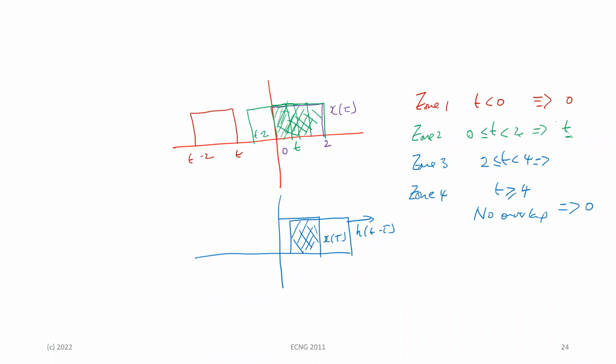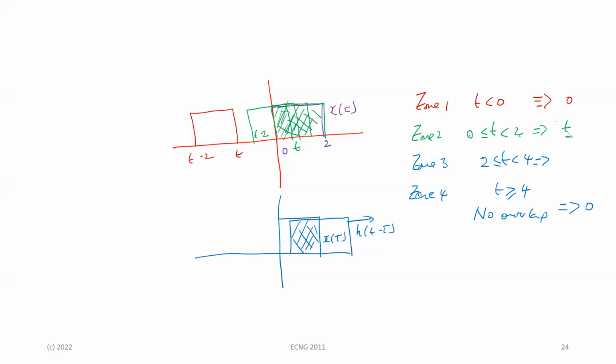So the convolution increases up to some maximum value when the two pulses are one on top of the other. And then as you keep moving the other pulse, the overlap zone area starts to decrease. And then eventually you're back to the case where there's no overlap. So the convolution starts at nothing, it increases up to a value, and then decreases back down to 0.